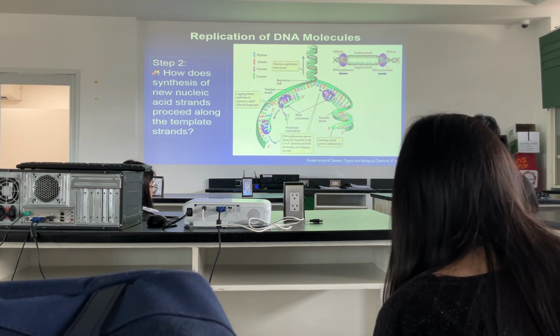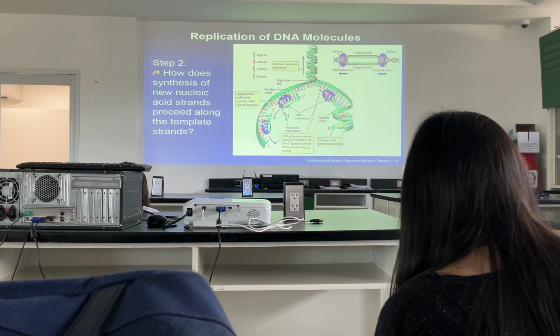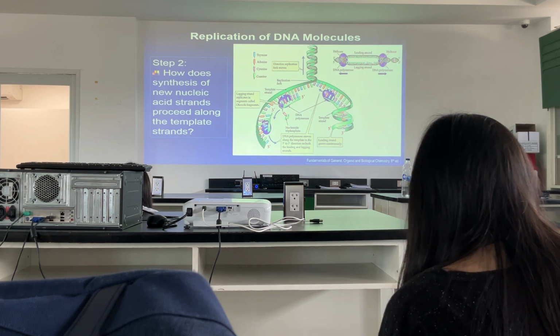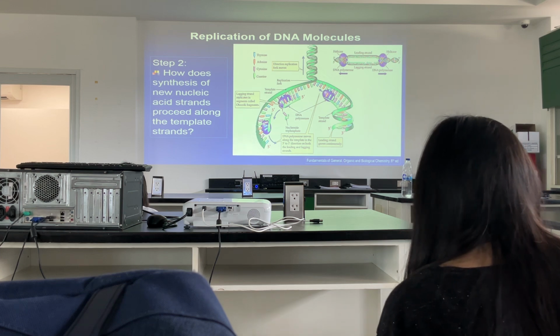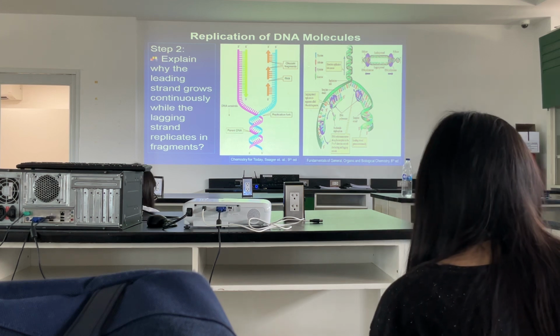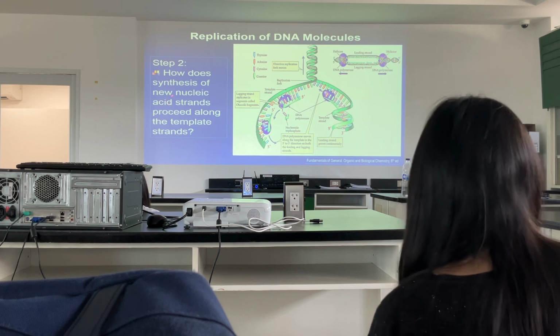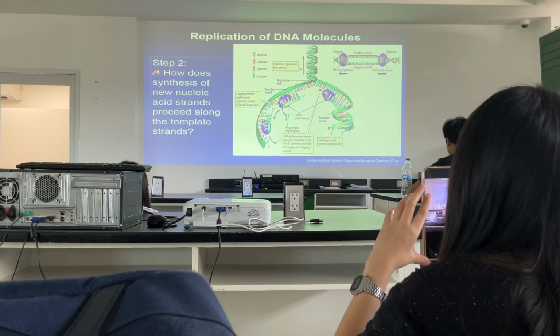So it's like DNA polymerase will read the bases found on the template strand, and it will bring nucleotide triphosphate based on the bases found on the template strand. So let's go back again.